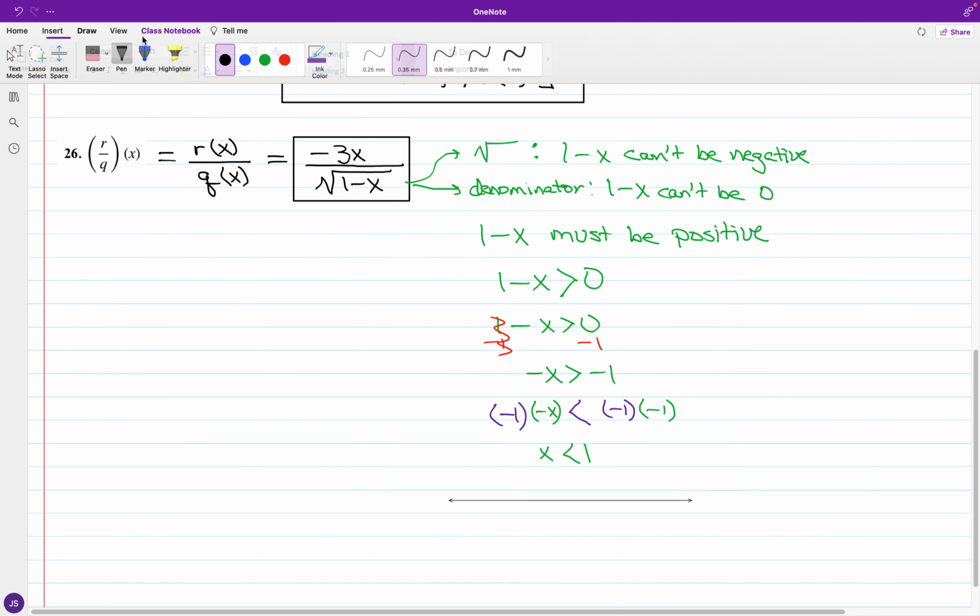So 1 is not included, but the values less than 1 will be in the domain.